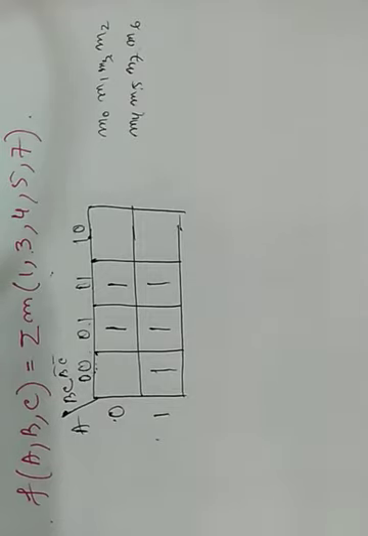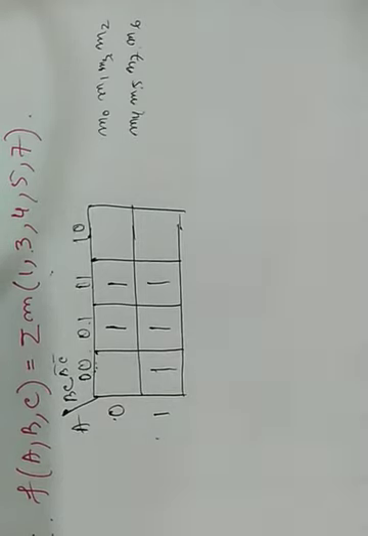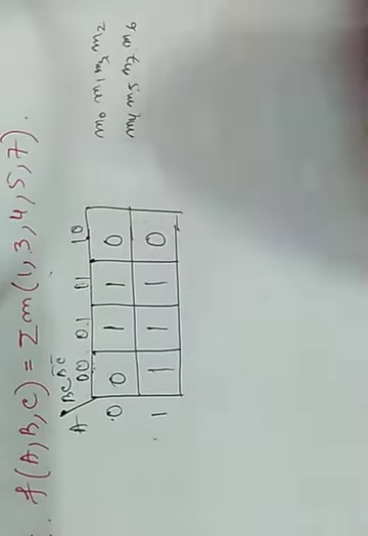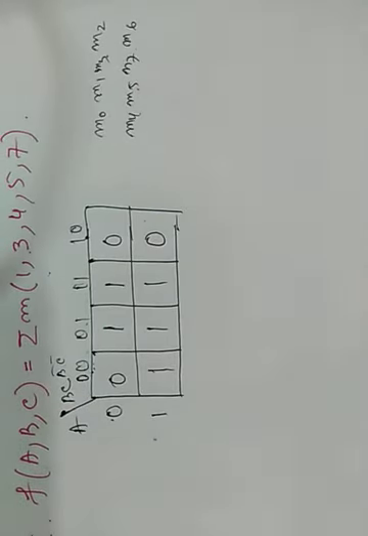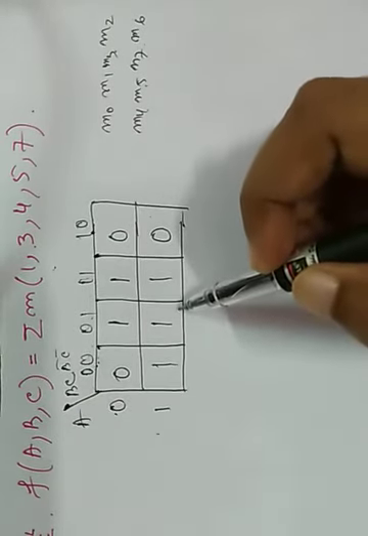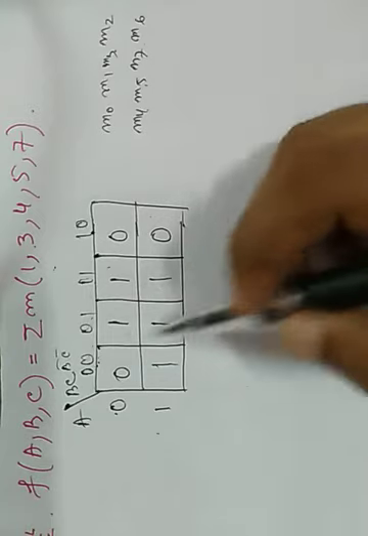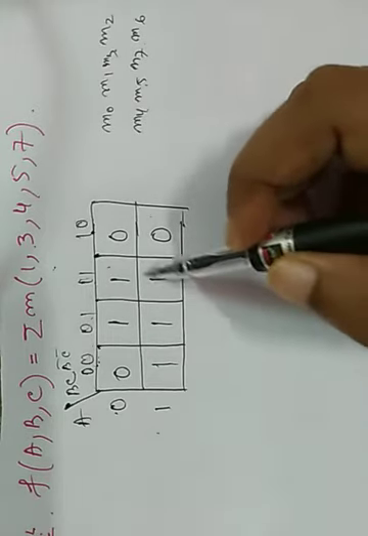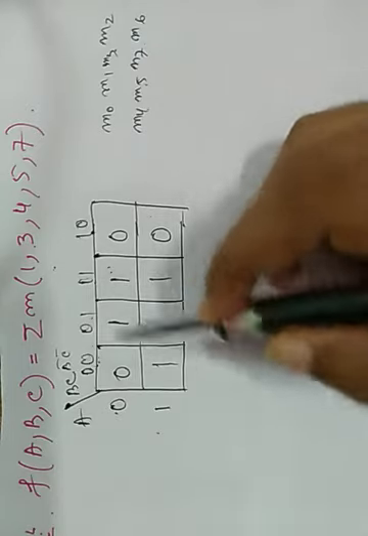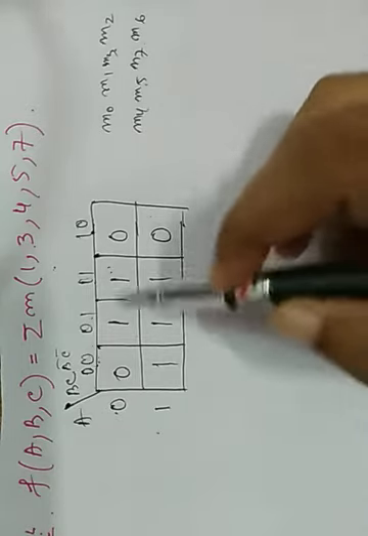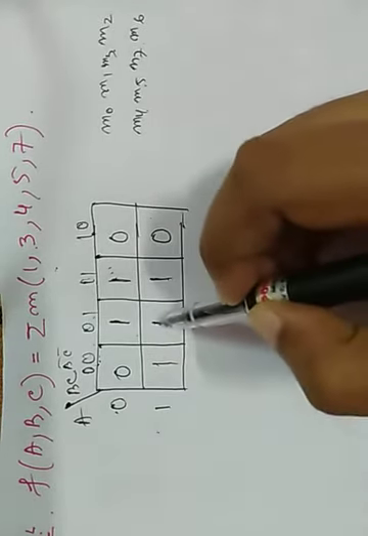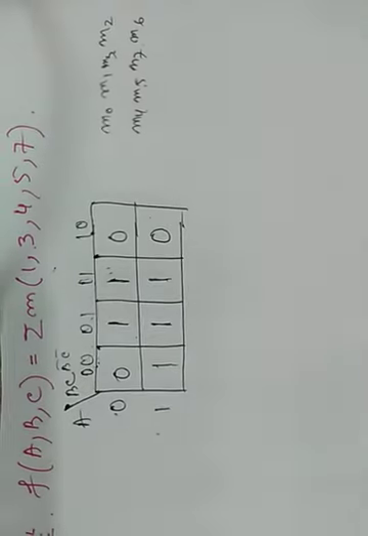Okay, so now the other places are 0. Now we have to combine the ones. At first we have to see if it is possible to combine as many ones as possible. We can combine this one, this one, this one by taking 2 ones at a time. But you can see here also 4 ones can be combined in a group.